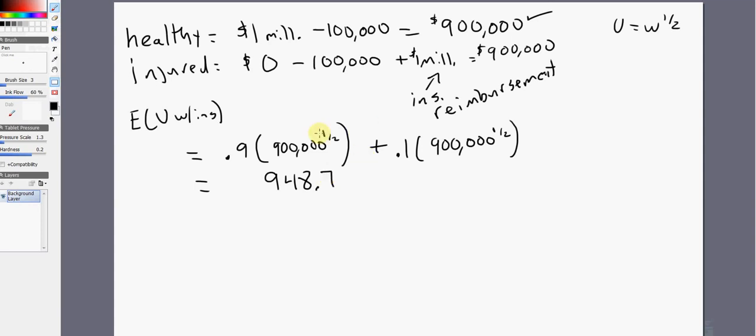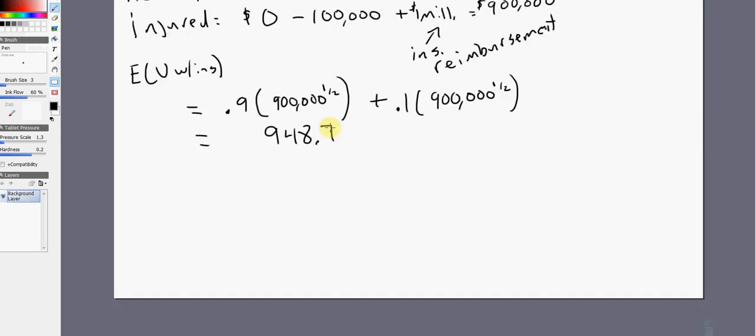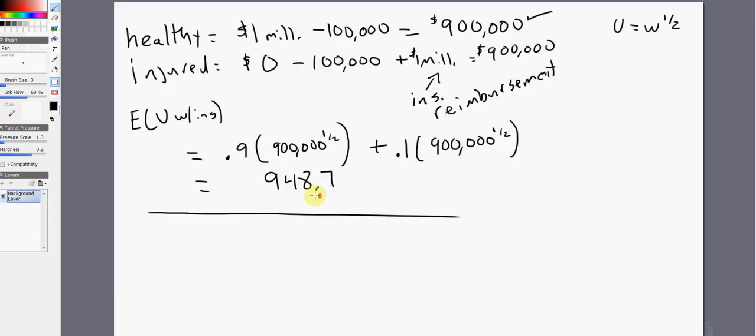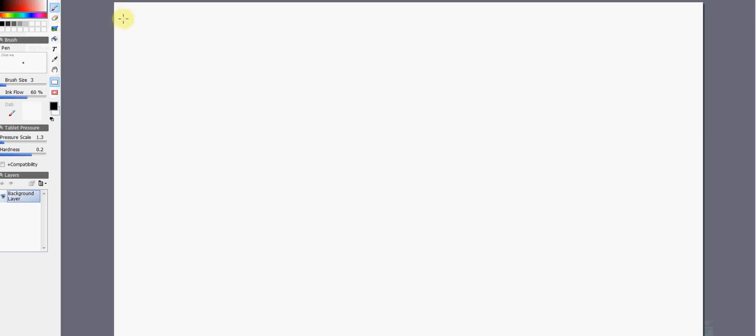Okay, one other question we could look at is something about maximum willingness to pay. What is a golfer's maximum willingness to pay for full coverage insurance? Okay, let me do this on a clean slide. Okay, so we're looking at maximum willingness to pay for full coverage insurance.